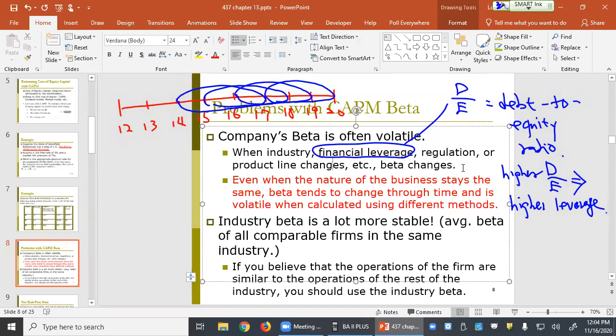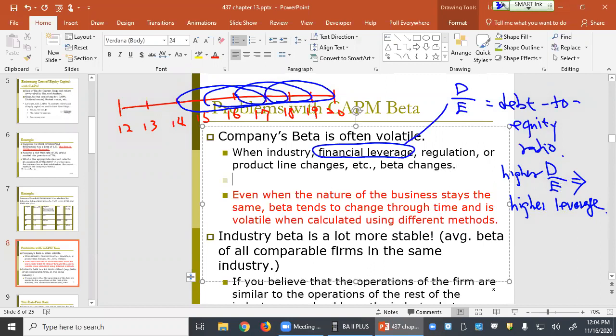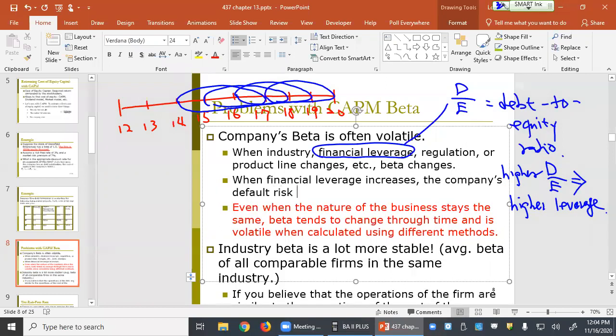So what have we found about financial leverage? What we know for sure is that when financial leverage increases, the company's default risk also increases. When a company borrows money, whether it makes enough money to pay for the interest or its debt obligation this year doesn't matter.